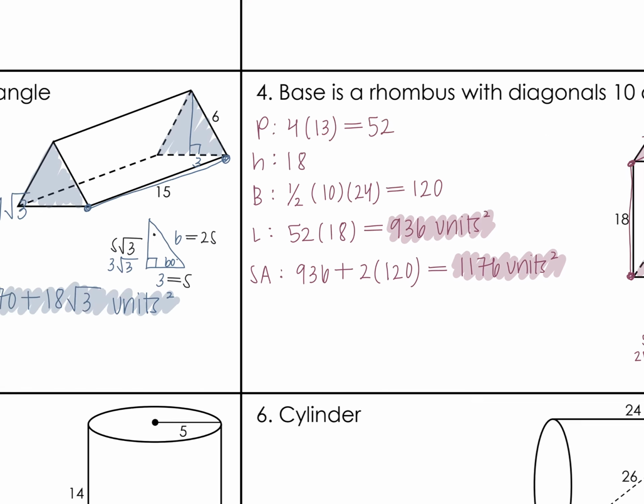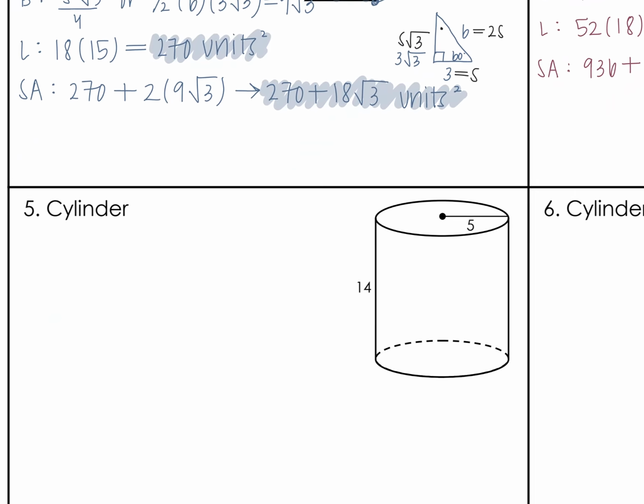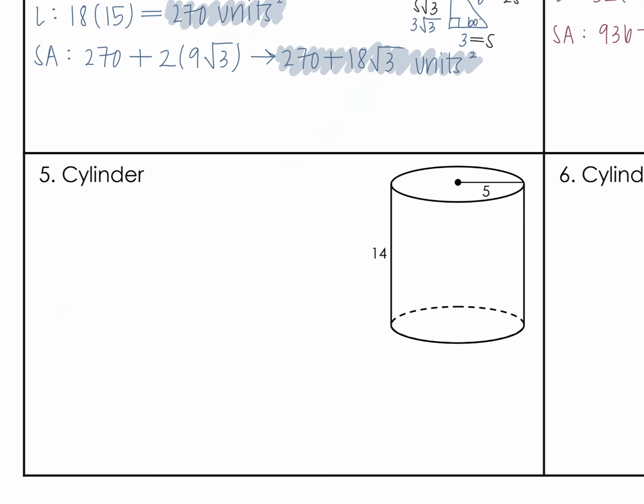All right, moving into our second to last problem on the front side here, we have a cylinder. And so I'm going to start off by highlighting my bases, which should be these circles. Plugging into my formula, we would need to know my P, which, remember, P is perimeter. When it comes to a circle, we reference that as circumference.